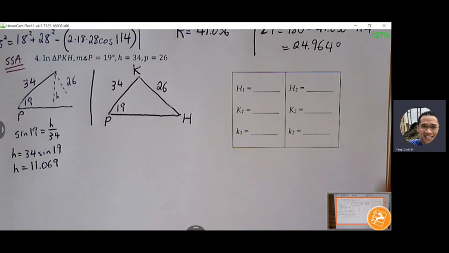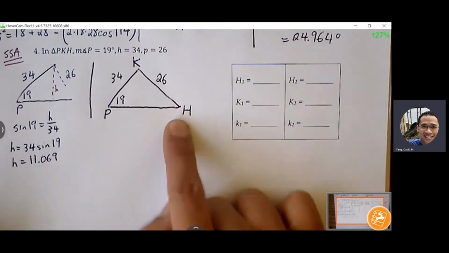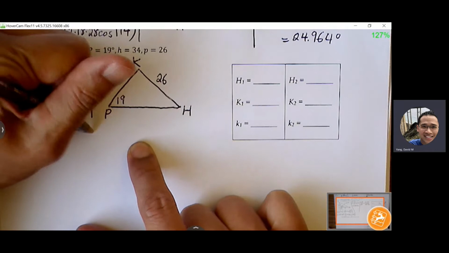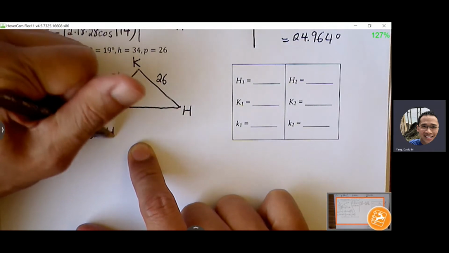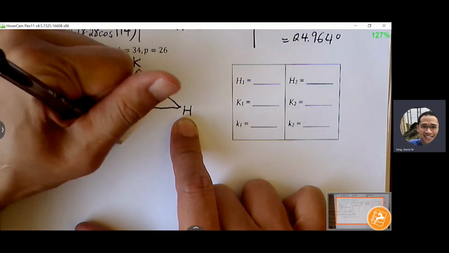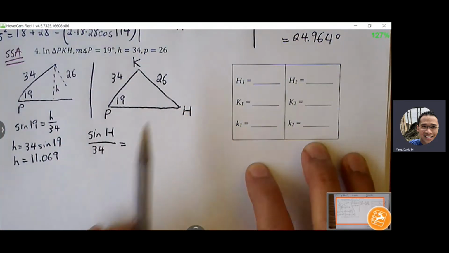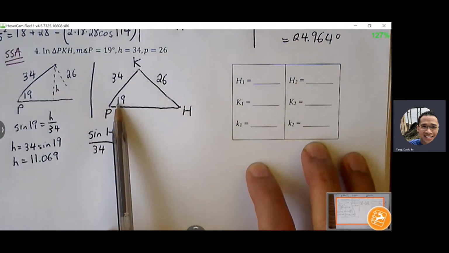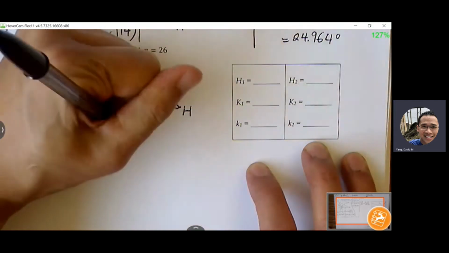All right, so let's set up for H. I'll say sine of H over 34 is equal to sine of 19 over 26.